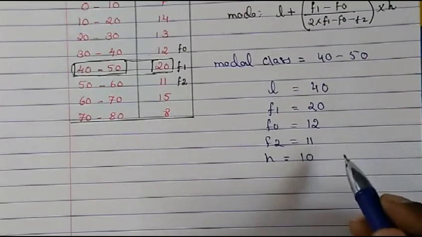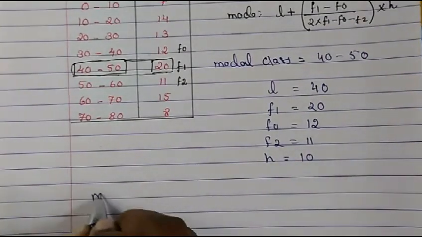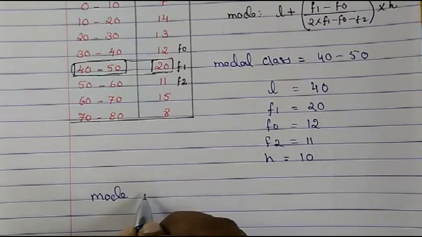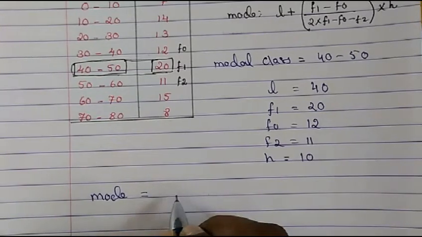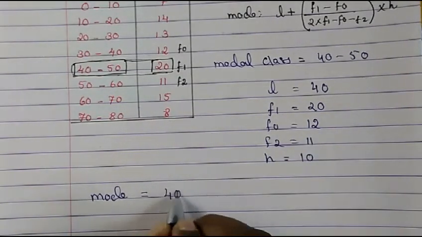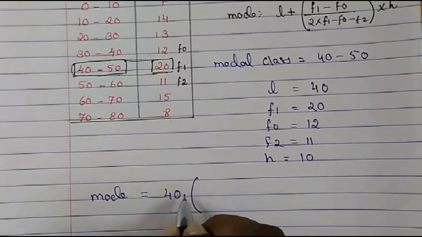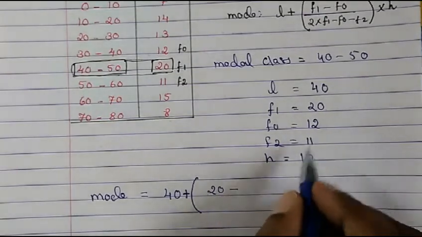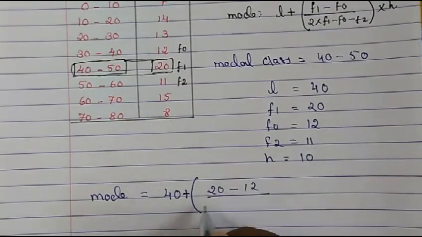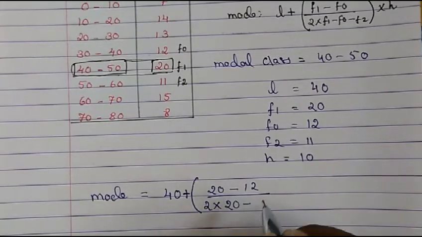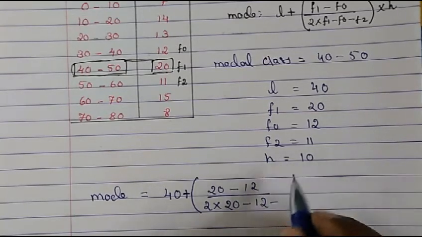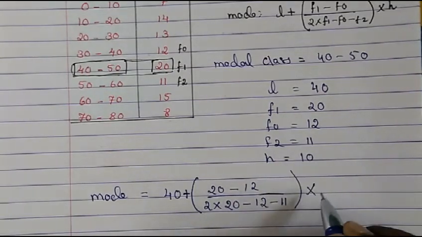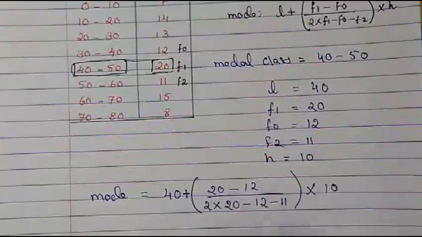So all the values we have, just put them in the formula. L is 40, plus (20 minus 12) divided by (2 into 20 minus 12 minus 11), into 10.